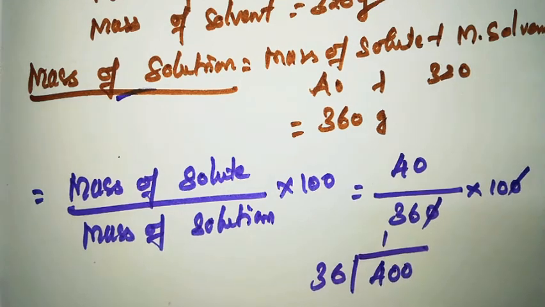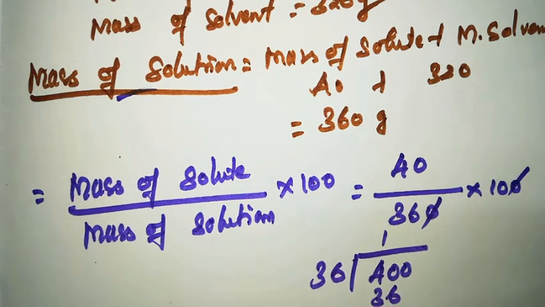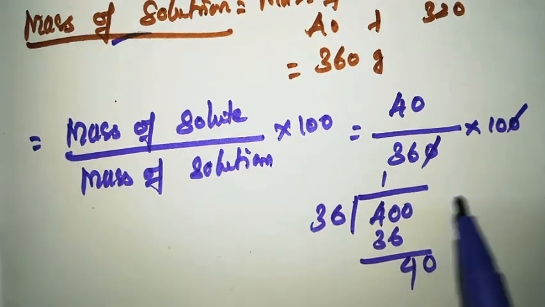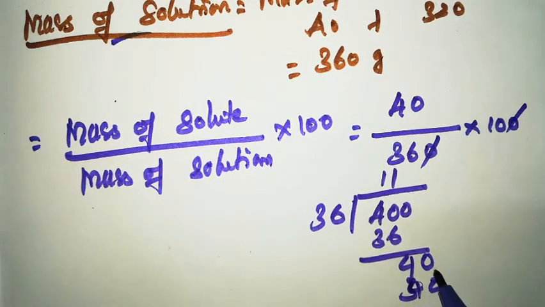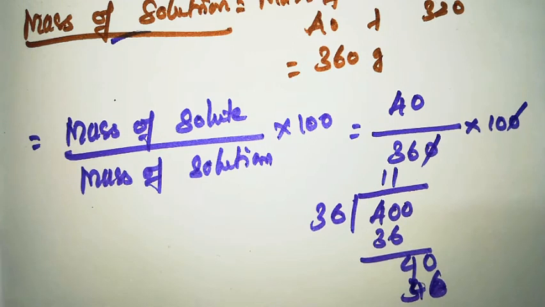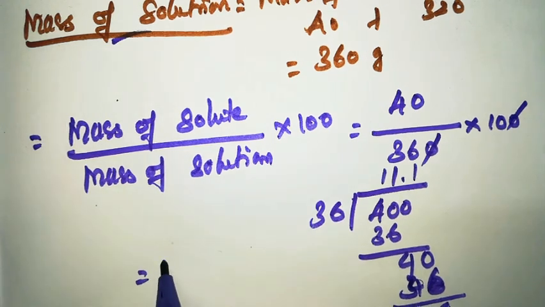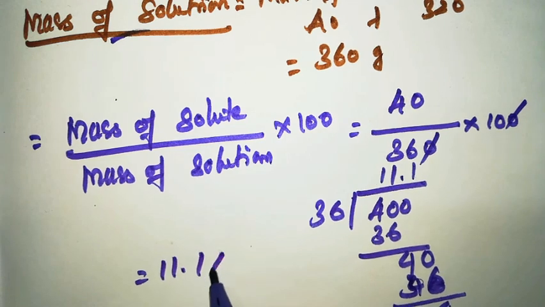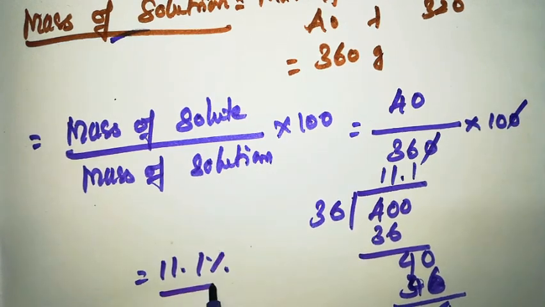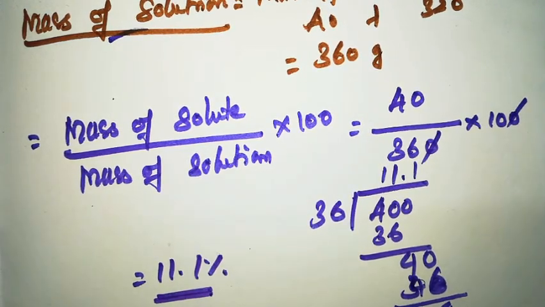Dividing by 4, we get 100 by 9. Continuing the division, the value of the percentage of the solution is 11.1 percent. Okay, thank you.